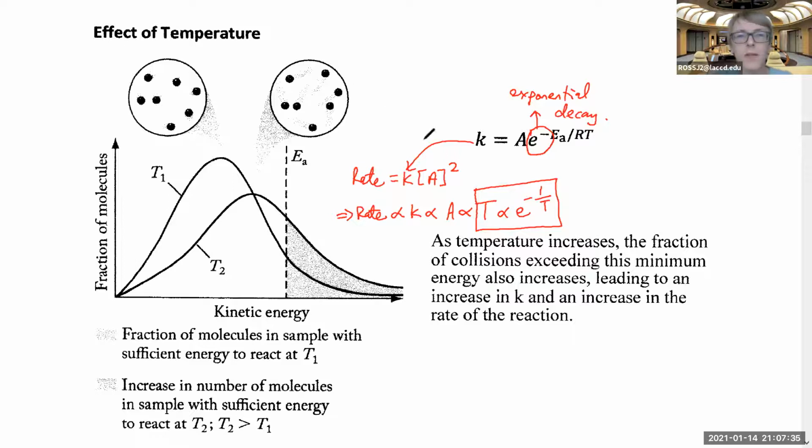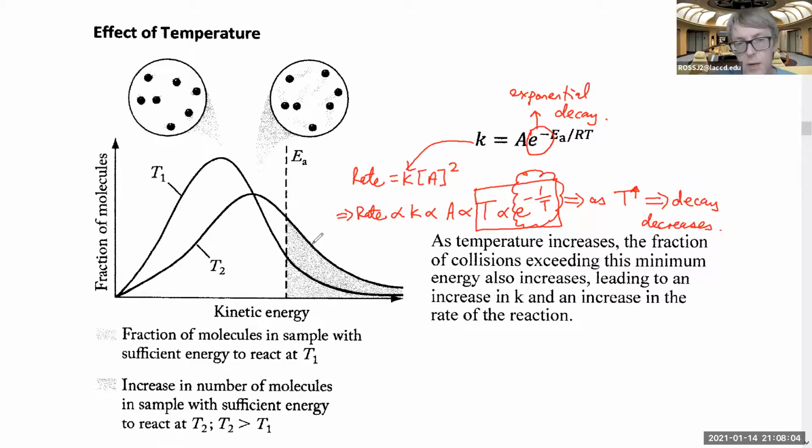So if we look at this part of the equation here, as temperature increases, the decay decreases. And that's why essentially it rises up.